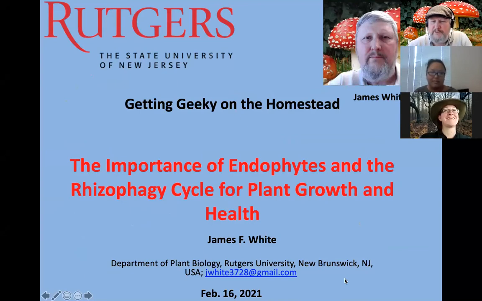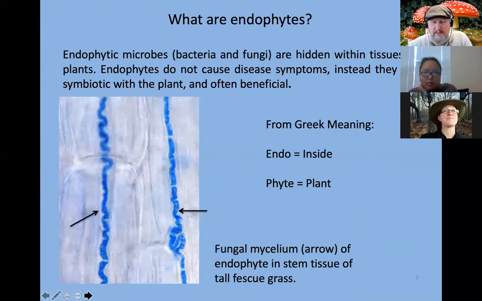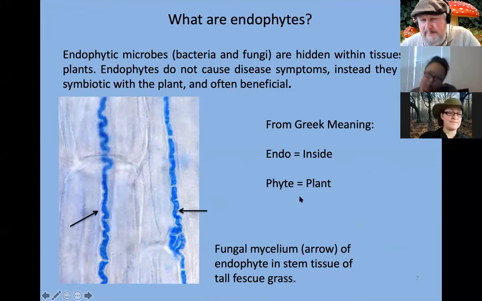So the specific title is the importance of endophytes and the rhizophagy cycle for plant growth and health. These microbes that I'm going to discuss are endophytes. Endo means inside, phyte means plant.